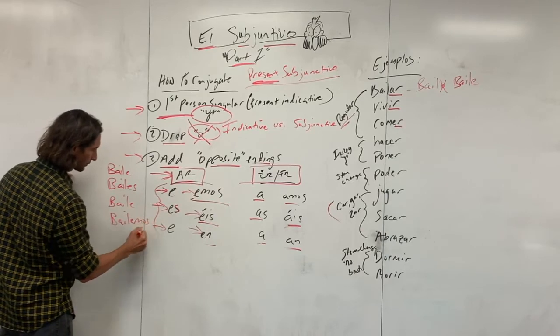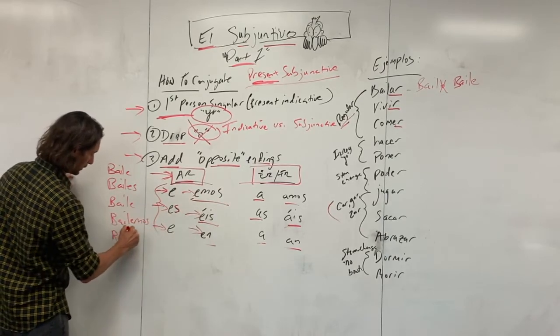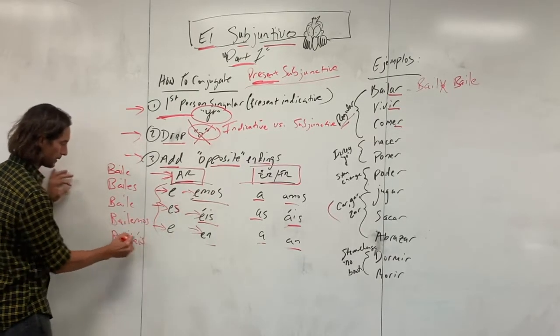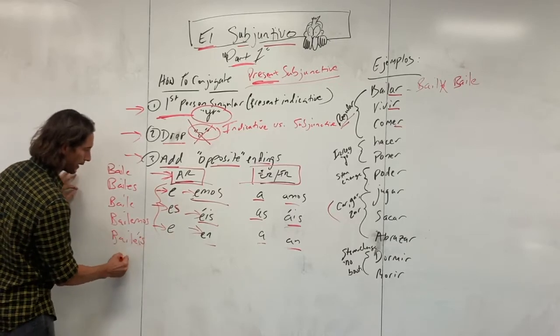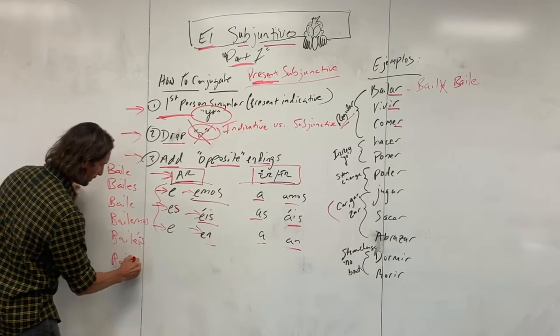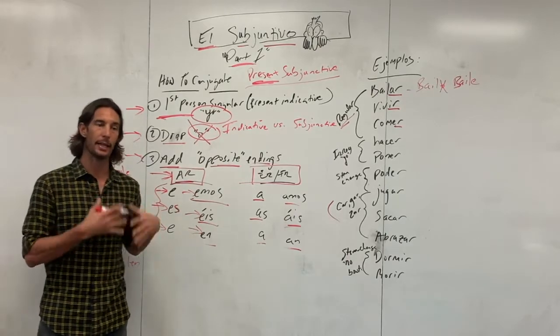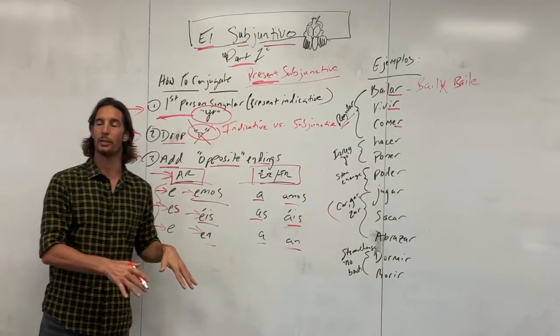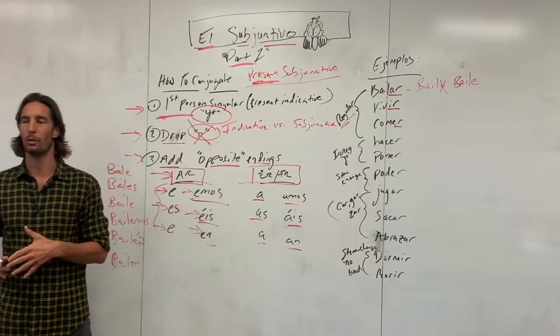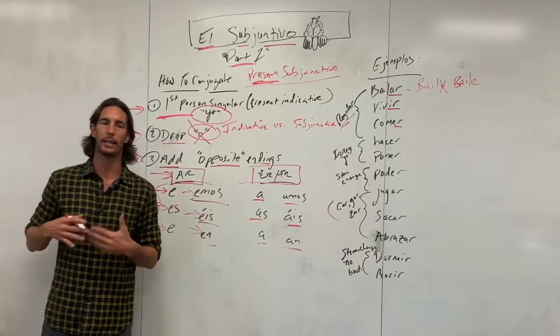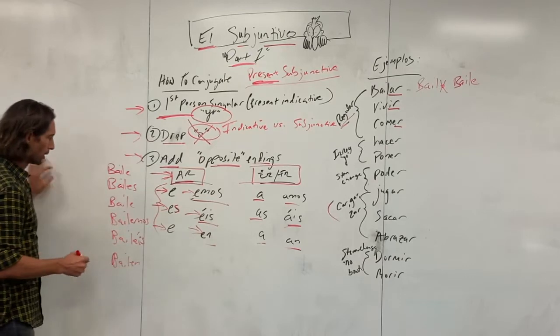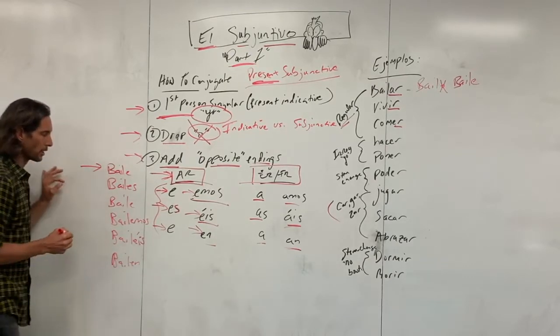Bailemos, vosotros, bailéis, right? That's a dot there, that's an accent there, and then bailen. And so, in much of the same way the present indicative has its set of conjugations, the present subjunctive also has its set of conjugations. And that's, like I said, what I want to work on today. So here are all the conjugations for bailar.